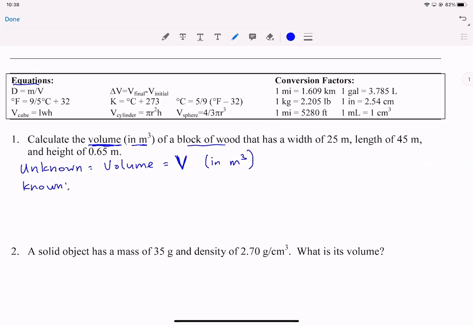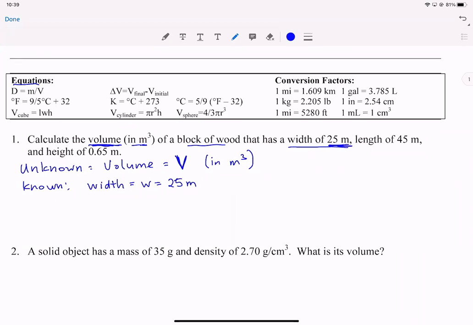So the known information is you have a width of 25 meters. The word width is not as useful as the letter symbol that represents width, which is a W. So you want to write that as a W, and what it equals, the number 25 with the units associated with it, m. So not just 25, but 25 meters.